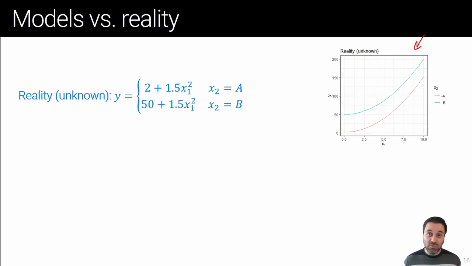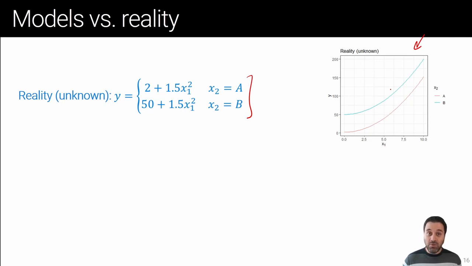It relates to two groups, A and B, and they have this quadratic relationship. If we are a member of A, according to variable x2, then the relationship is 2 plus 1.5 times x1 squared. And if we are a member of group B, then we have 50 plus 1.5 times x1 squared. So the relationship looks something like this.